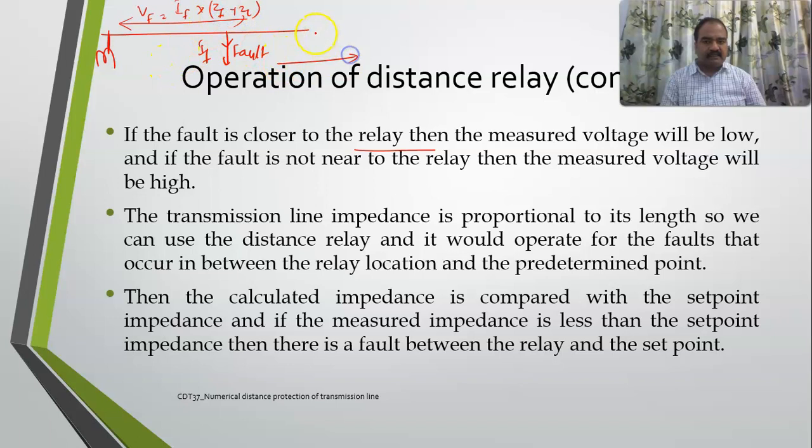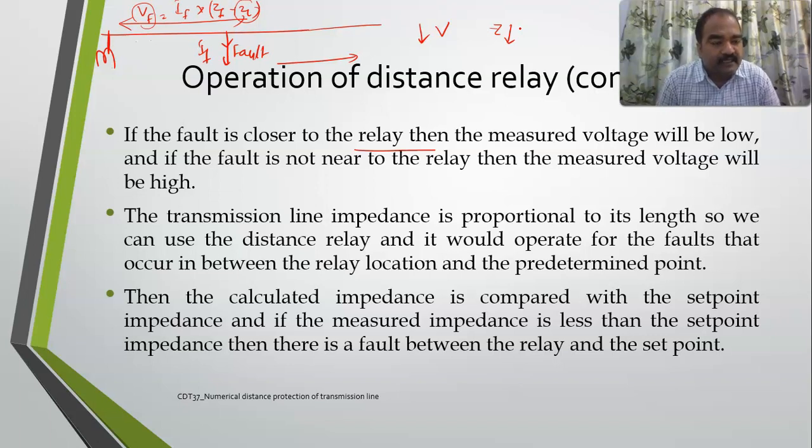If the fault has occurred at a farther place compared to the location of your PT, the transmission line length will be increasing, and so is the impedance, so the measured voltage will be a little bit higher. If the fault is nearer to your PT, then V will be a little bit low. If V is low, then Z will be low, and then you can identify the fault.